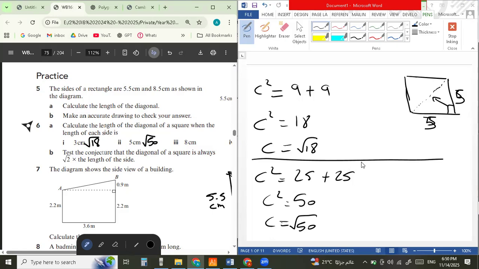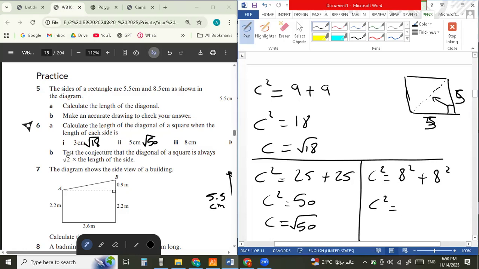What if it is 8, Mister? So c squared equals a squared, which is 8 squared, plus b squared, which is also 8 squared. So c squared equals 64 plus 64, which gives exactly 128. Get the root of it. So c equals the root of 128.